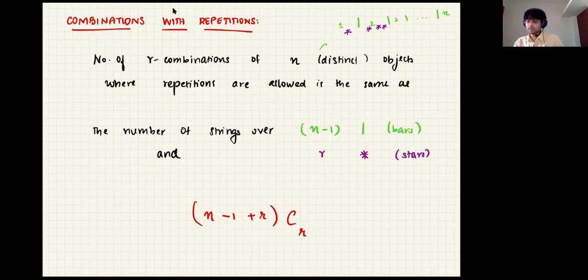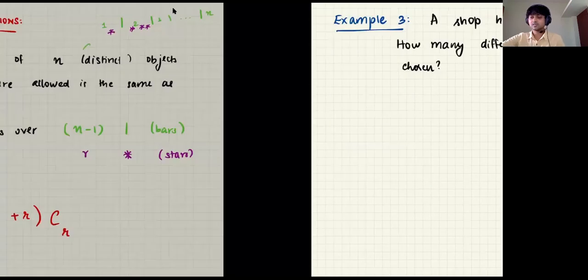So it is exactly like the previous question. This applies when the selection does not depend on the order, but multiple selections of the object are allowed. Let me do an example and then things will be clearer. So try this example and then let me know if you have any questions.